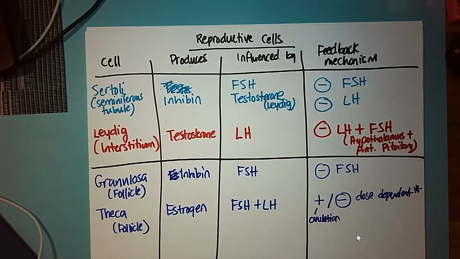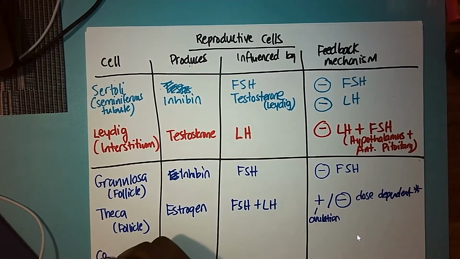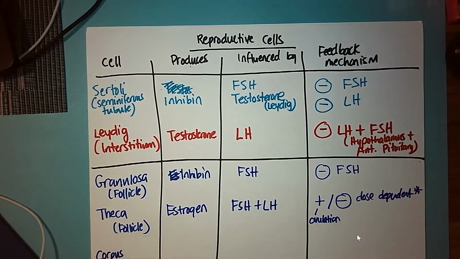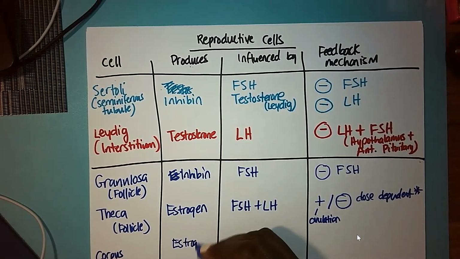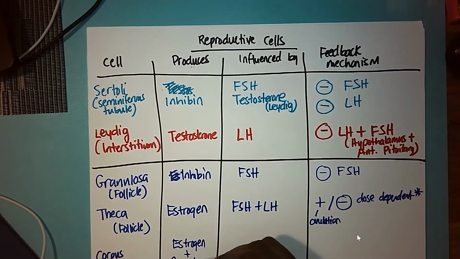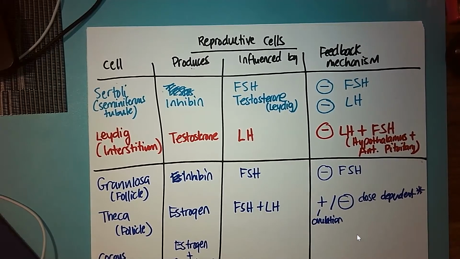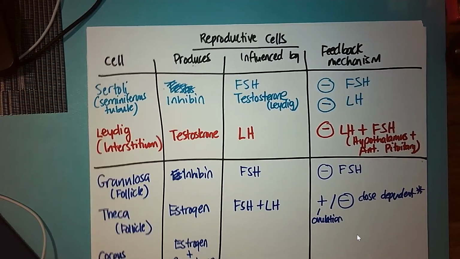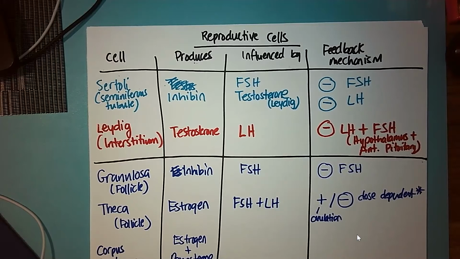Alrighty, and then last we want to mention the corpus luteum, because this is kind of like a cell. It's the tissue that continues to produce estrogen and progesterone towards the second half of the cycle. The corpus luteum takes over the estrogen production, and it's also going to produce progesterone, which comes into the picture in the second half of the cycle.